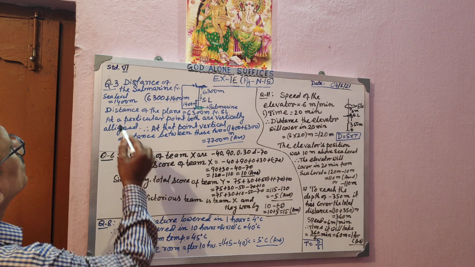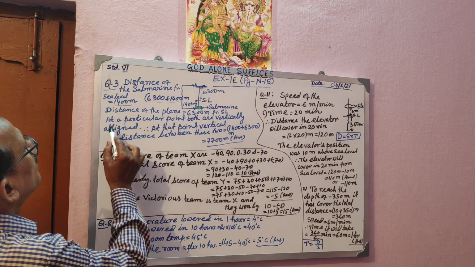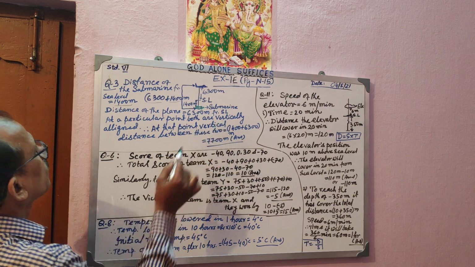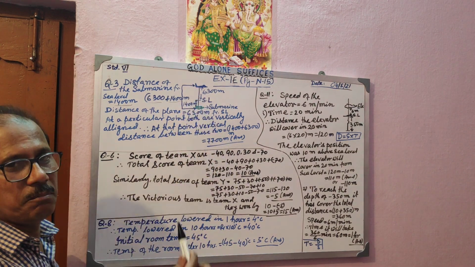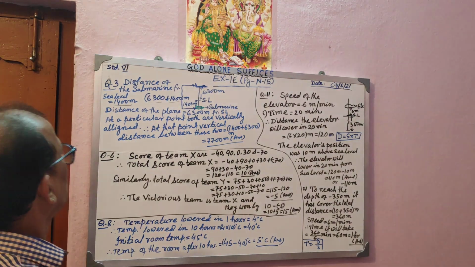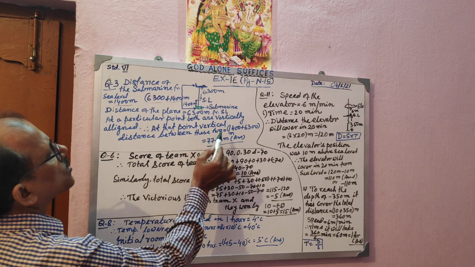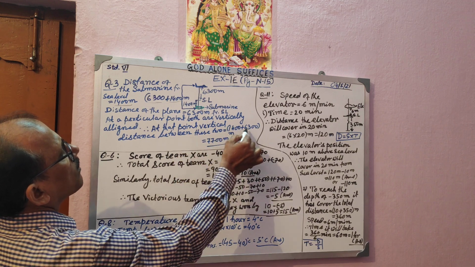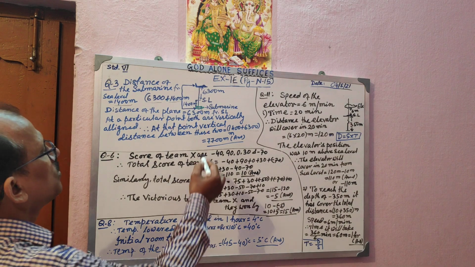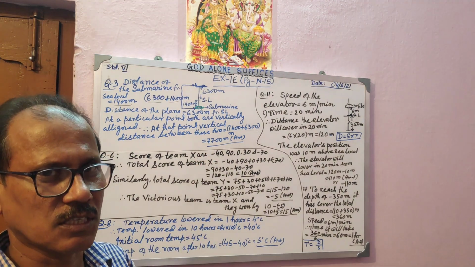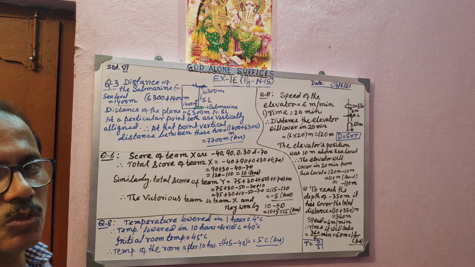At a particular point both are vertically aligned, the plane coming exactly above the submarine. Therefore, the vertical distance between these two will be 1400 plus 6300, which is 7700 meter. Things are very simple.